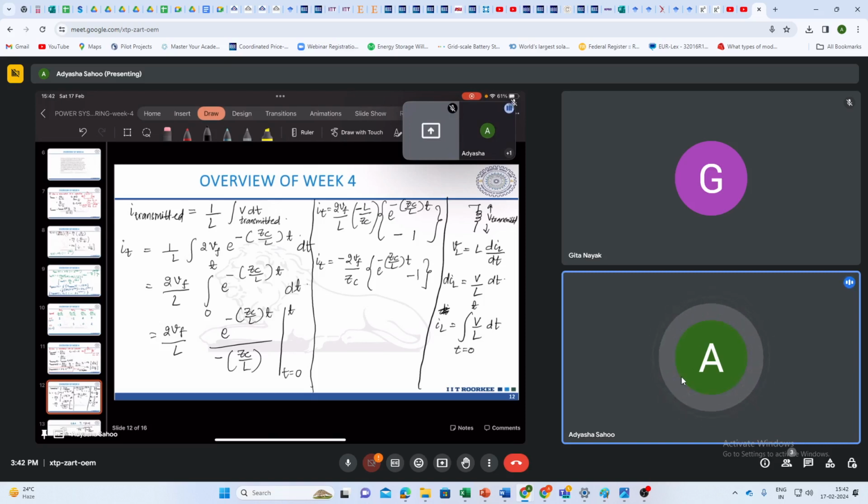Or if I take this minus inside, I get I_T equal to 2V_F by Z_C (1 minus e^(−(Z_C/L)t)). So this is your I transmitted.